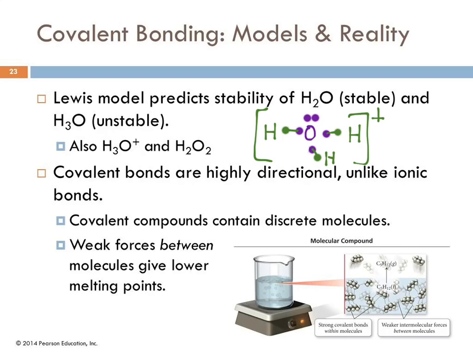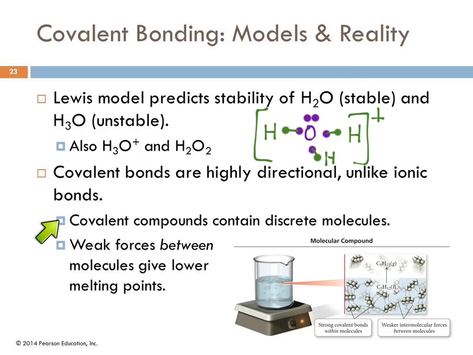Covalent bonds are highly directional, unlike ionic bonds. In sodium chloride, you have sodium and chloride, and they are attracted in multiple directions to their neighbors. These covalent bonds are between two particular atoms, and there is no attraction away from that.